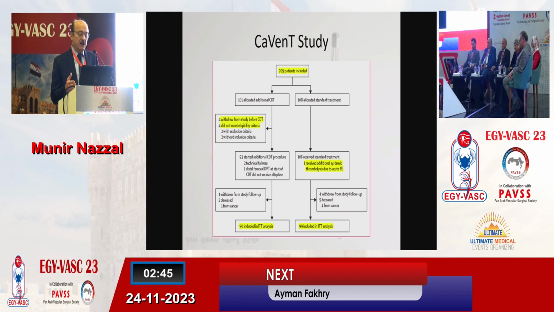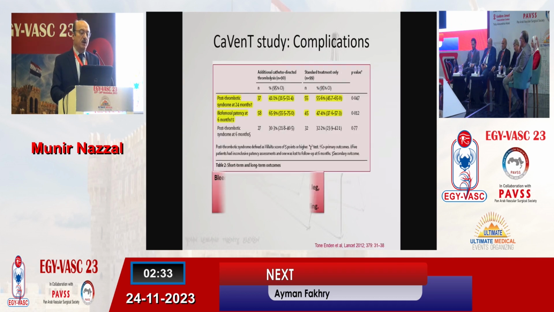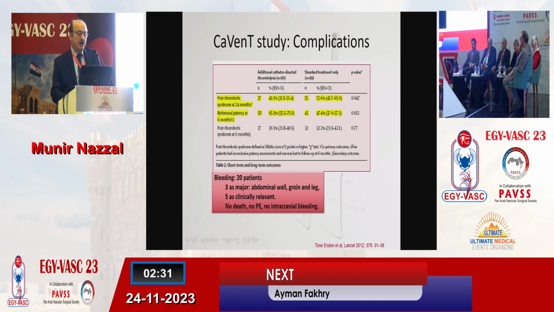And the number of patients looked at in the end was 209 out of the many they started with. And these are the changes. So there were some changes in the post-thrombotic syndrome, improving in the CaVenT study. And bleeding occurred in 20 patients, so there was some complication. It prevents 1 PTS in every 7 catheter-directed lysis patients. So if you look at the cost, is it worth it?